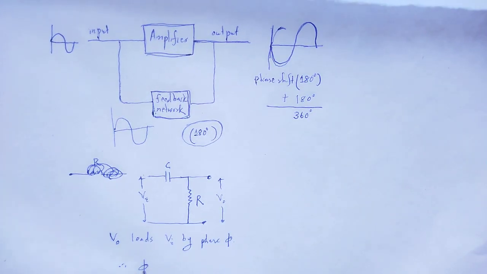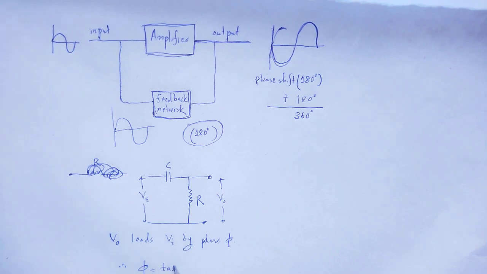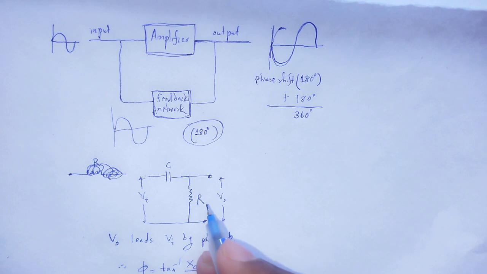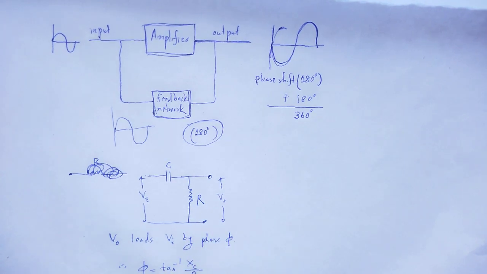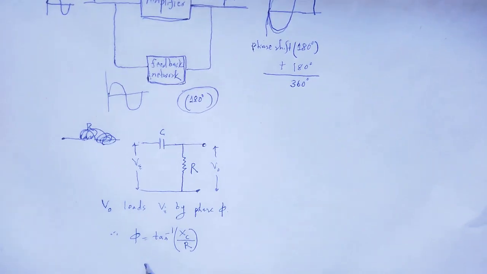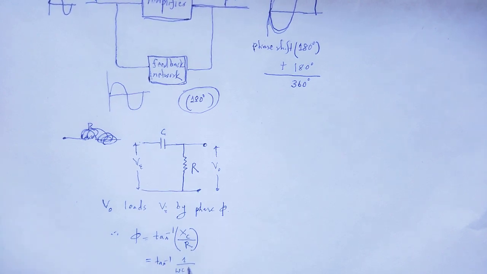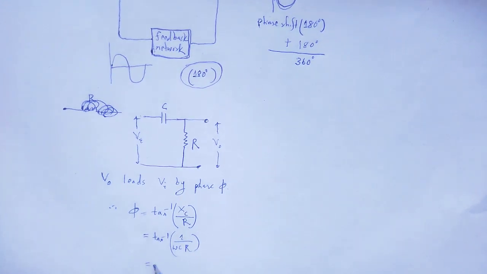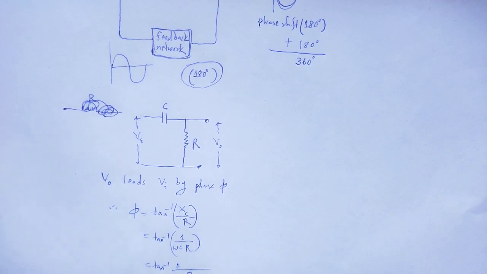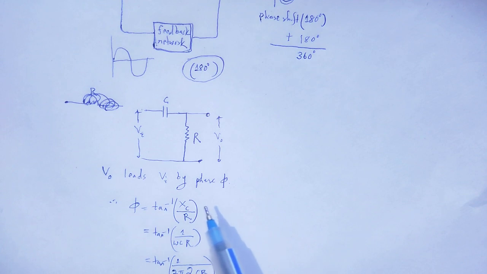Therefore, the phase φ will be tan inverse of the capacitive reactance divided by the resistance R, which is tan inverse of (1/ωC)/R, that is, tan inverse of 1/(2πνCR), where ν is the frequency.